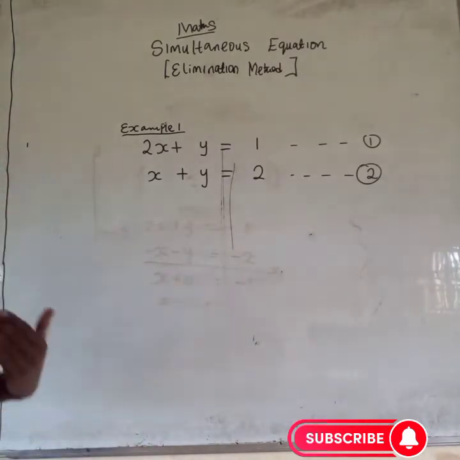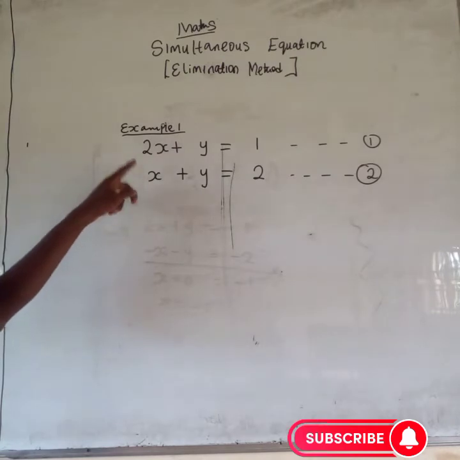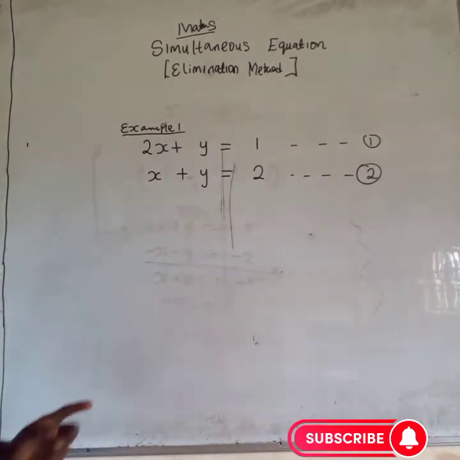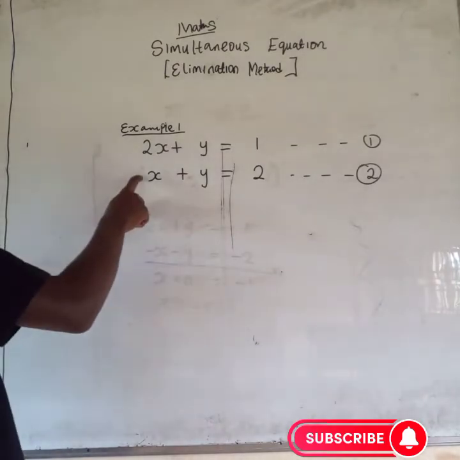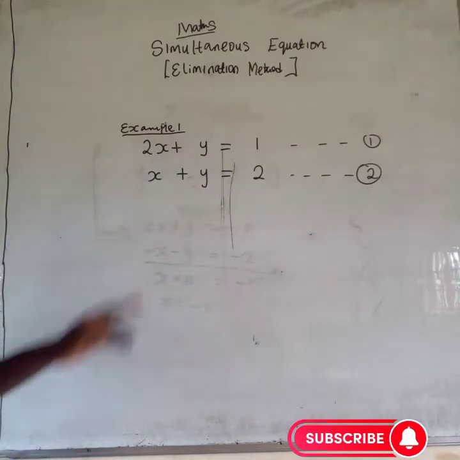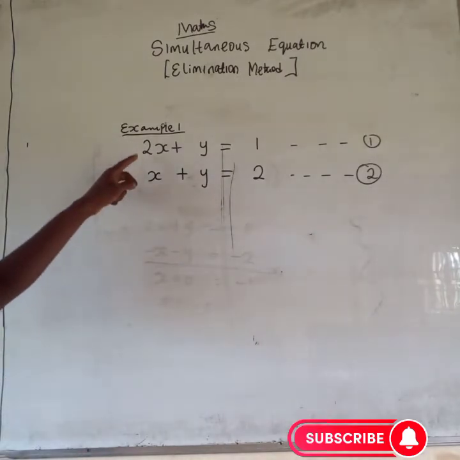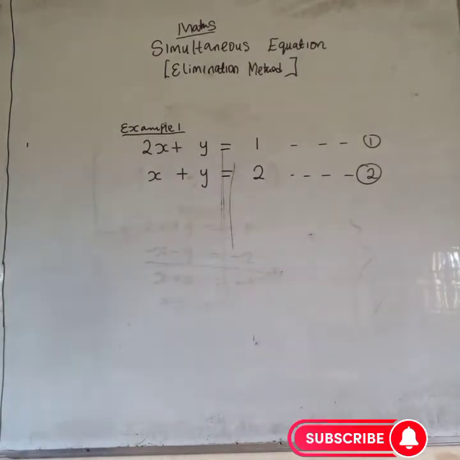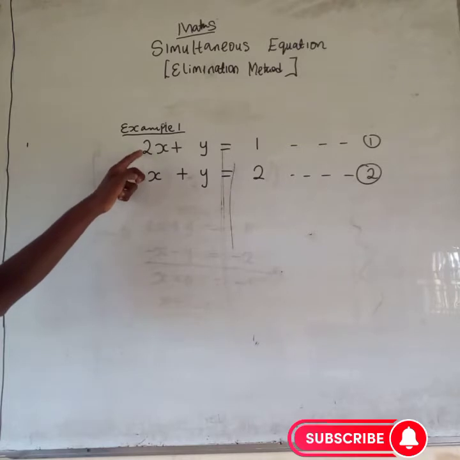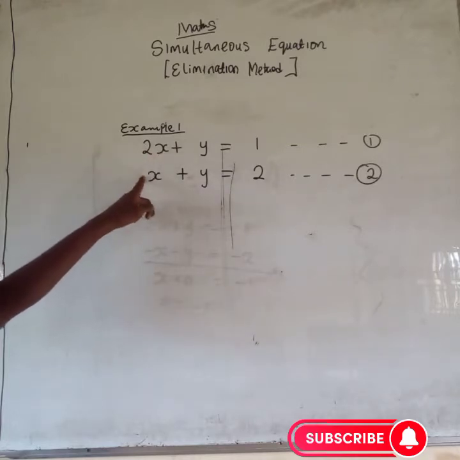The second step I said is, are the coefficients of the variable in equation 1 and 2 equal? Now, in this case, we have x and we have 2x. It therefore means that the coefficient of x is not equal, right? This is 2x, this is x, they are not equal.